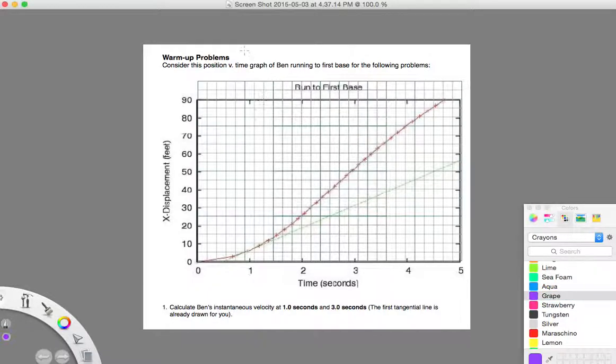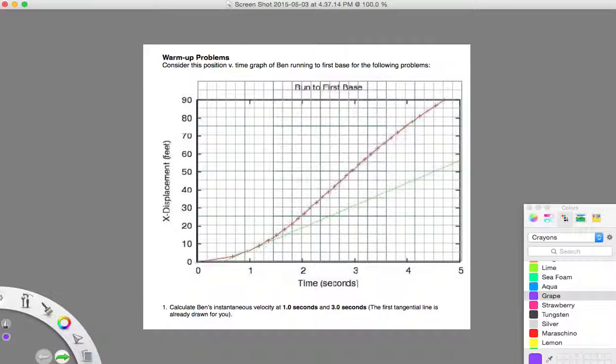I'm going to draw the tangential line as close as I can to 3 seconds. So again, 3 seconds right up here. And I'm going to try to draw it. Okay, whoops. Right about like that. I'll go back here.